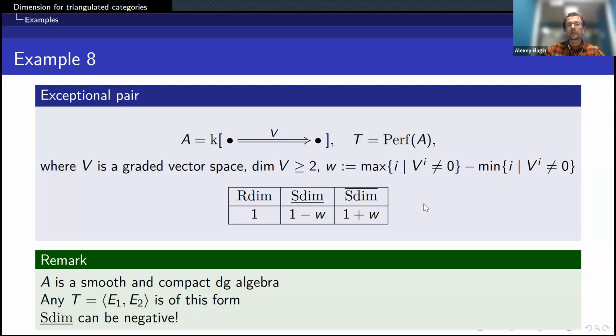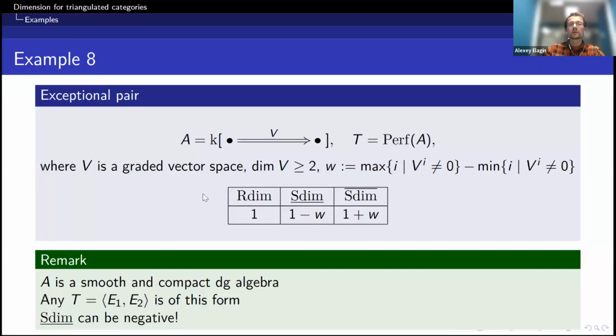there are many categories having this form, because as soon as you have a triangulated category with a DG enhancement, which is generated by two exceptional objects, by an exceptional pair, then this category is isomorphic to this, where the vector space V is nothing else than the graded Ext group of Ext's from E1 to E2.